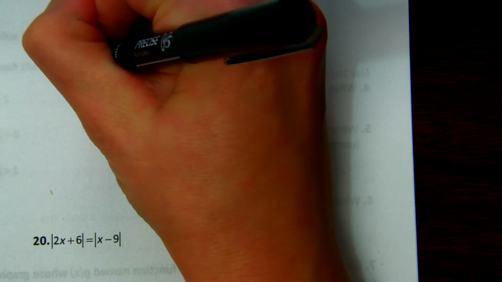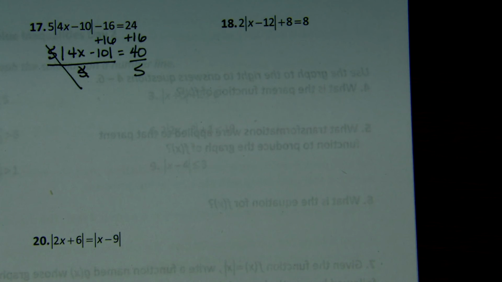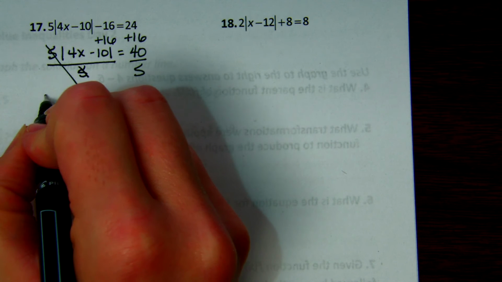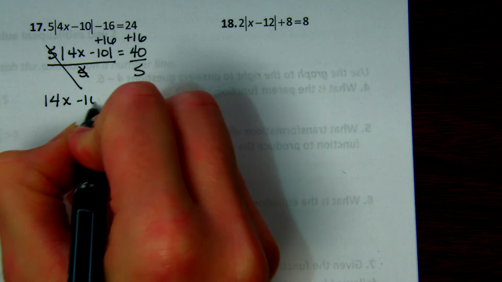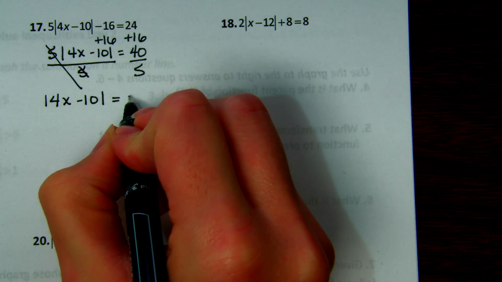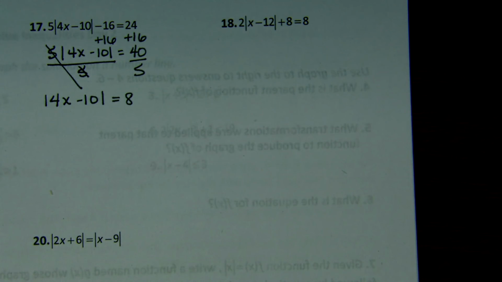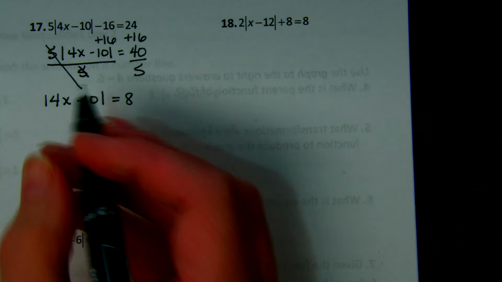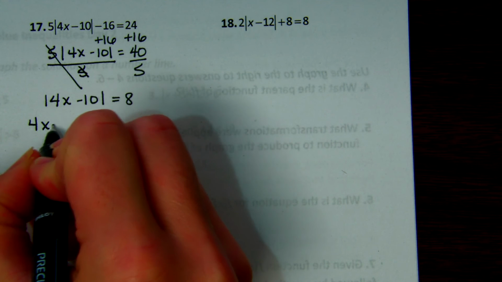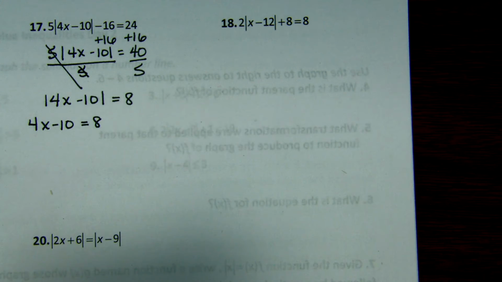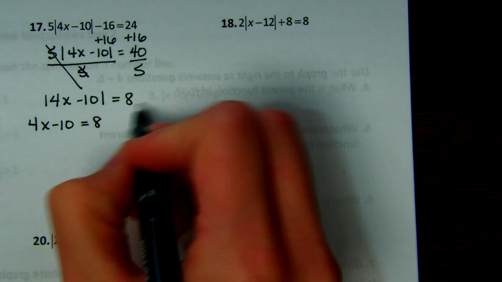And that cancels out those 5s right there, but it doesn't do anything to the absolute value, so we end up with the absolute value of 4x minus 10 is equal to 40 divided by 5, which is 8. And so now I have an absolute value equation where the absolute value is alone, and I break it down into 2. One exactly as you see it, but without the absolute value, and one where the number on the right becomes negative.